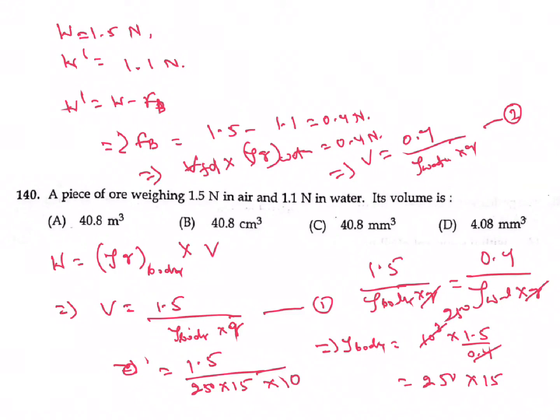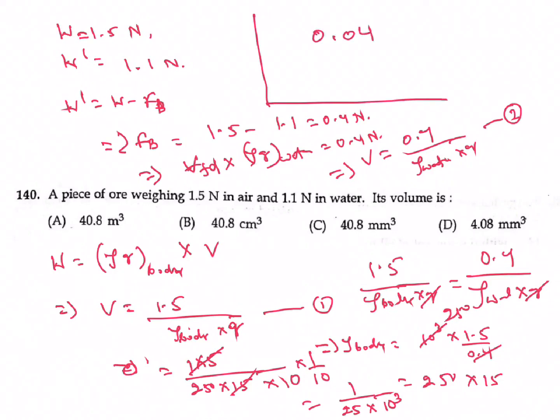So it's 15 by 10, 15 cancels. Then 1 by 25 into 10 to the power 3. 1 by 25 is 0.04, so 0.04 into 10 to the power minus 3.